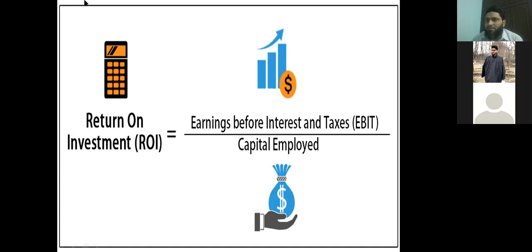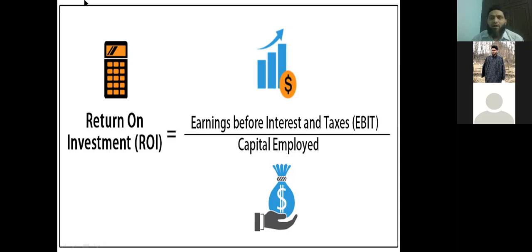Capital employed means how much fund has been raised by issue of debentures, preference shares, or equity shares, or how much loan has been borrowed, which is forming capital. And that capital has been introduced in the business. So from this, how much has been the return to the company?